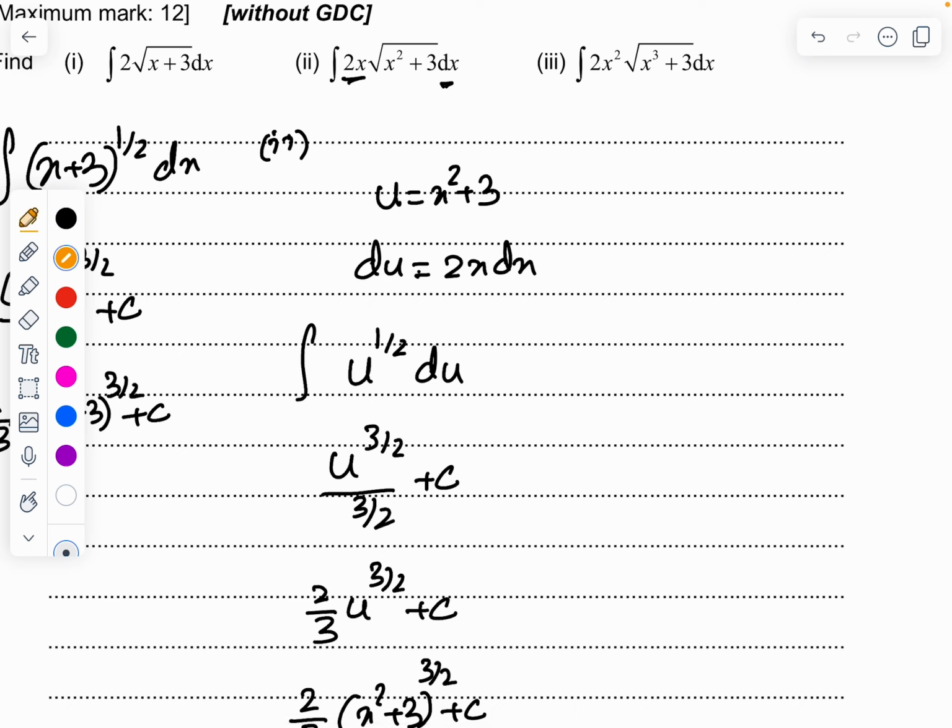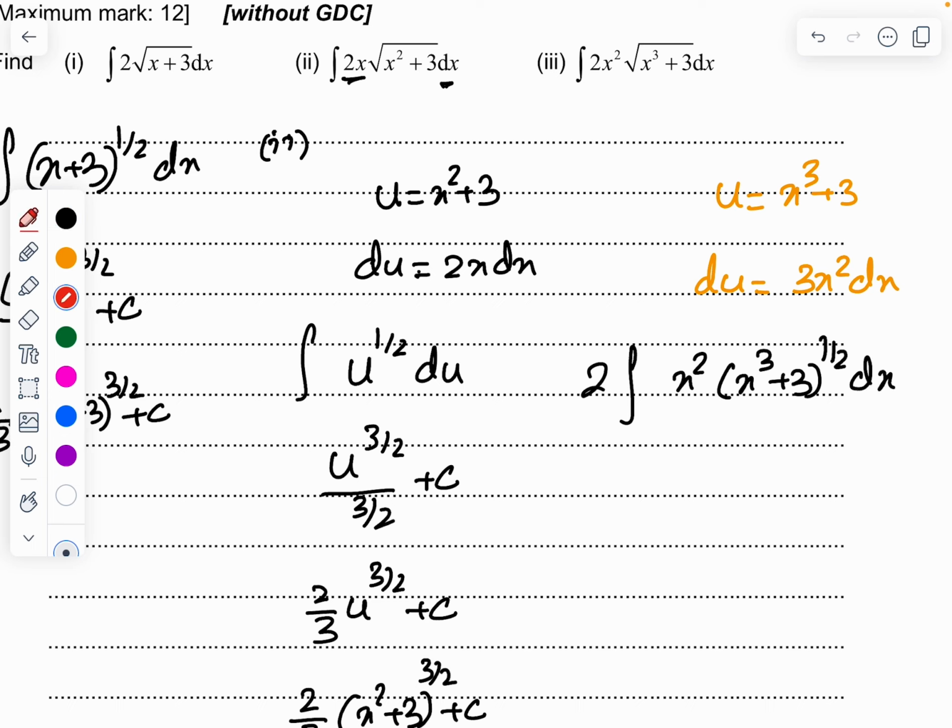Coming to part 3, u equals x cube plus 3. So du equals 3x square dx. I don't have 3x square, rather I have only x square. So when I have x square, what am I going to do? Multiply by 3 and divide by 3.